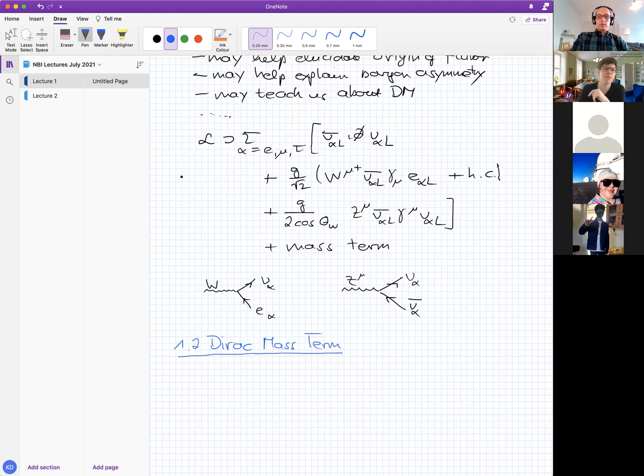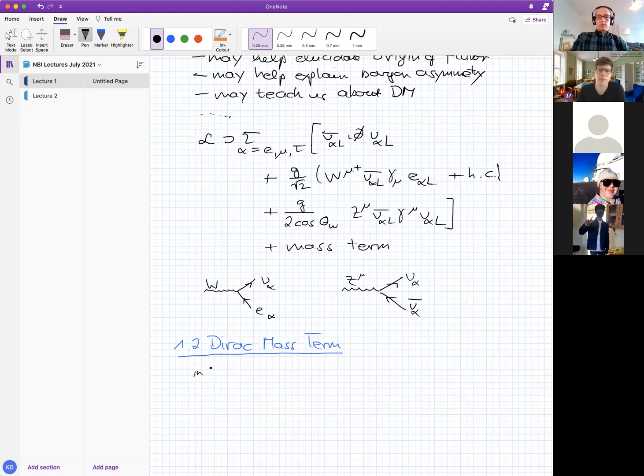The idea here is, well, we introduce a right-handed neutrino, so we augment the neutrino fields from Weyl fermions to Dirac fermions. So they now have 4 components, and we can then write down a mass term that couples the left-handed components of the spinor to the right-handed components.